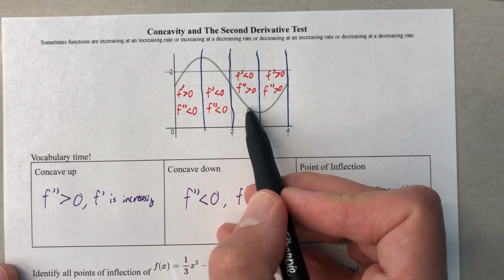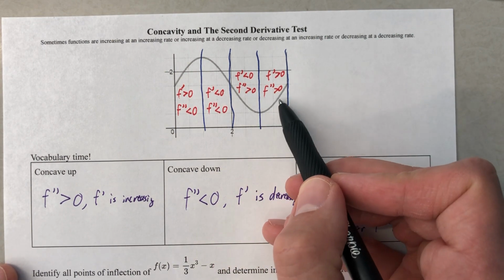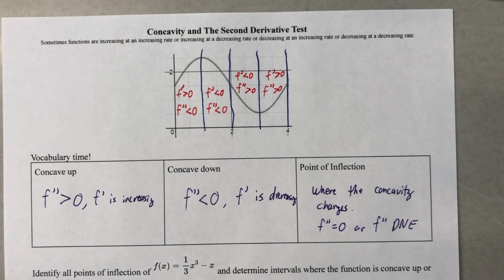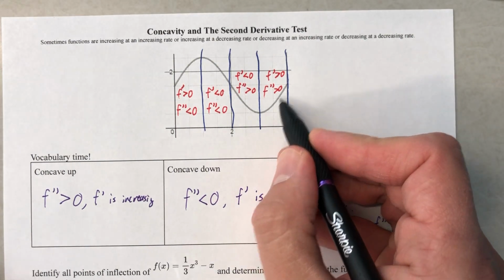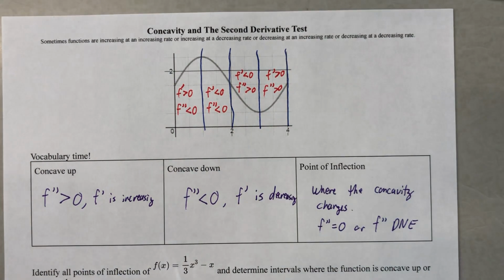Decreasing at an increasing rate, so it's going down, but it's about to turn around. Increasing at an increasing rate. Okay? If the economy was doing this, it would be kind of like a runaway economy. It would have to slow down at some point. And then eventually you would end up with all kinds of problems if the economy just expanded too quickly. Really, they try to hit the brakes on those things with interest rates. It's fun stuff.